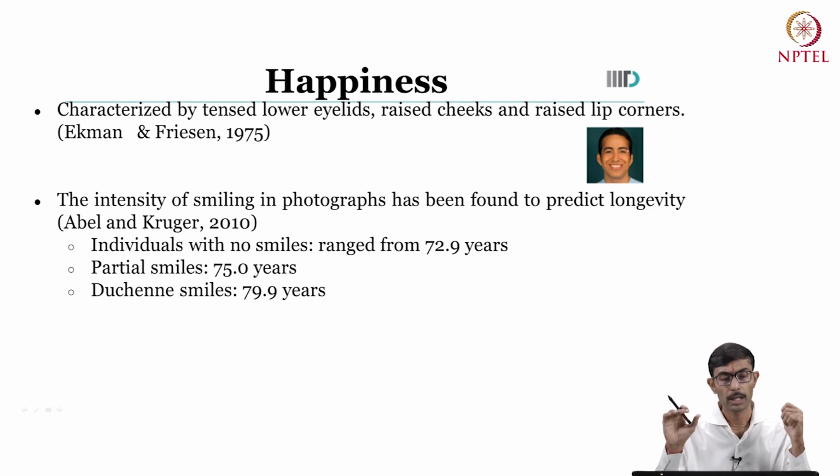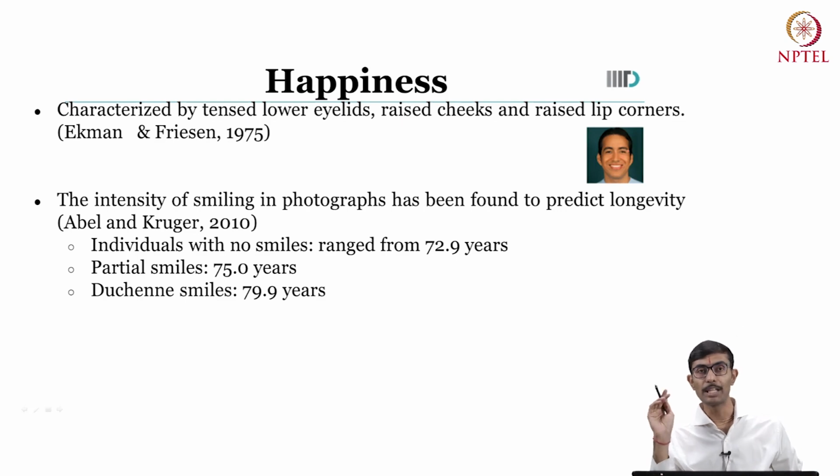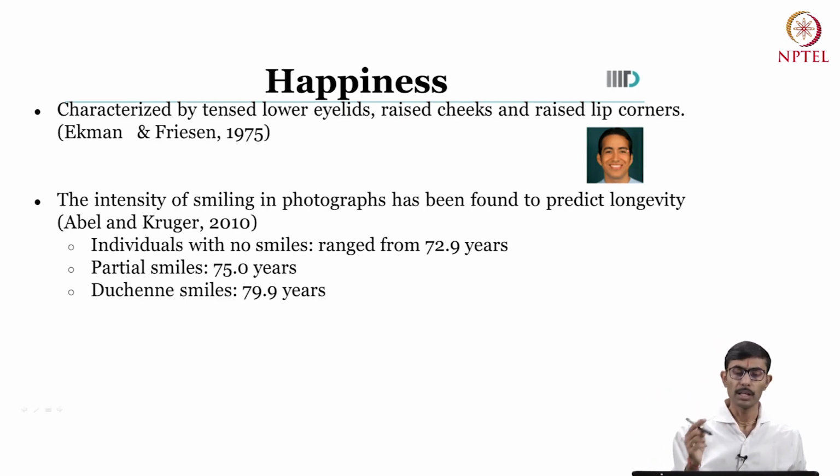Now, another thing you need to look at is a very interesting study. Abel and Kruger found that the intensity of an individual's smiling in photographs has also been found to predict longevity. For example, individuals with no smile had ages ranging around 72.9 years.